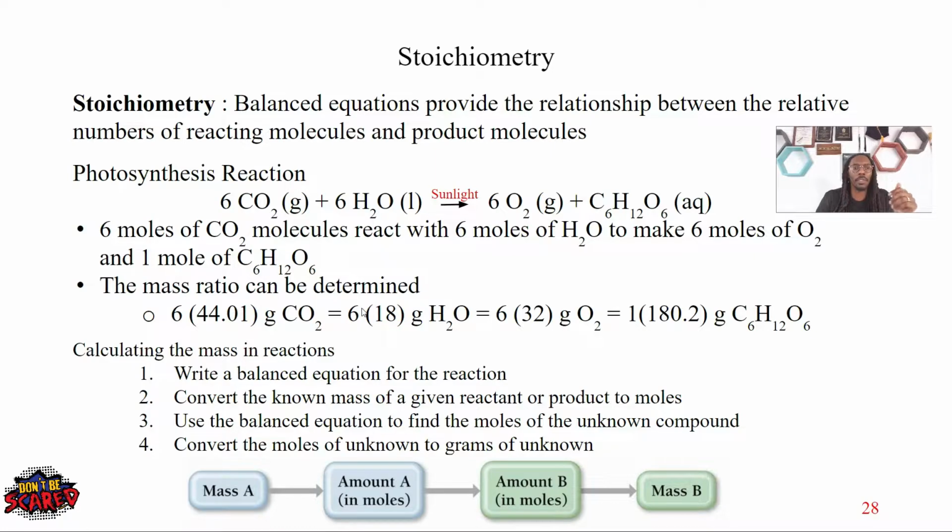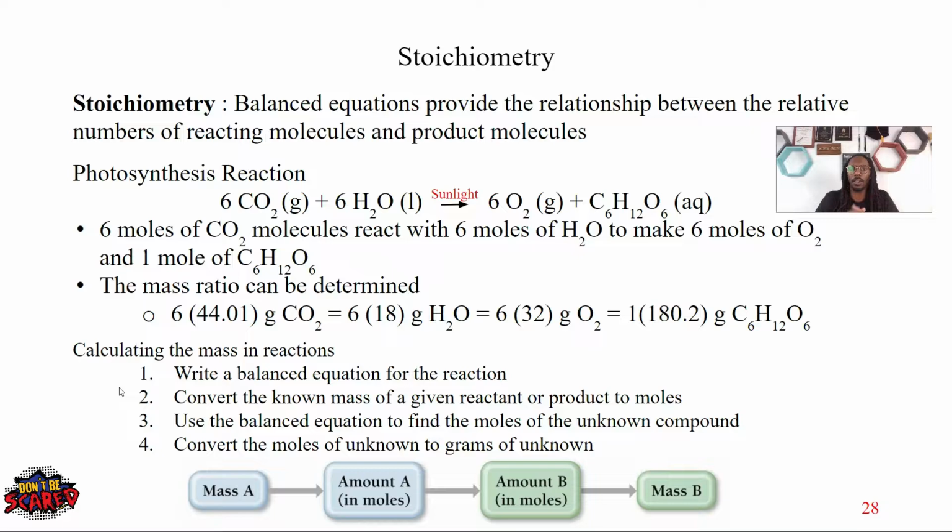So let me give you 4 steps to how you're able to calculate your mass in reactions. First, you're going to write your balanced equation. With stoichiometry, you have to make sure that you always have a balanced equation. If your equation is not balanced, you're going to get a wrong answer. Second, you need to convert your mass, whatever you're given, to moles.